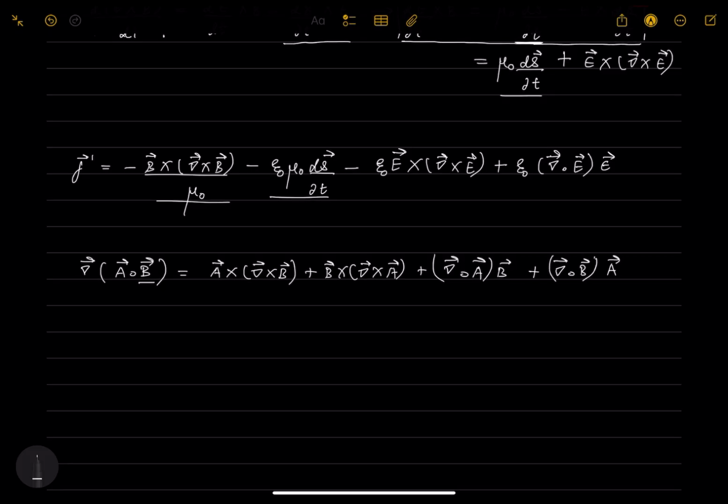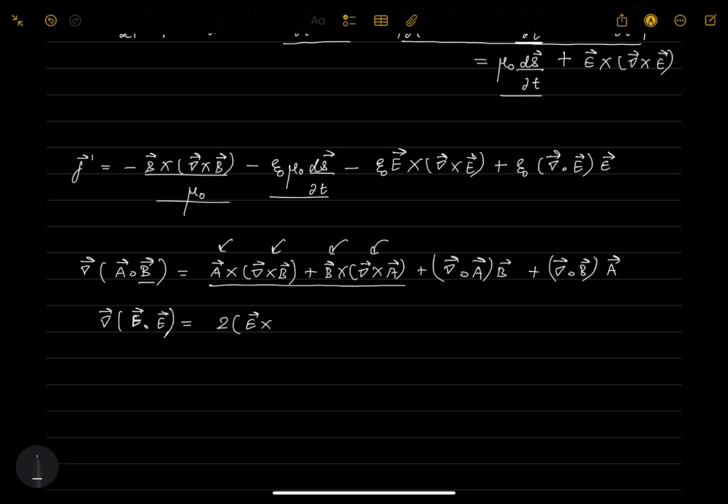All right, so this is the whole product rule written for two arbitrary vector fields A and B. So we're going to do this for A is E, the electric field, and B is E, the electric field again. All right, so let's see what this yields. Okay, so this yields two similar terms because A cross the curl of B and B cross the curl of A are going to be the same for A and B both being the electric field.